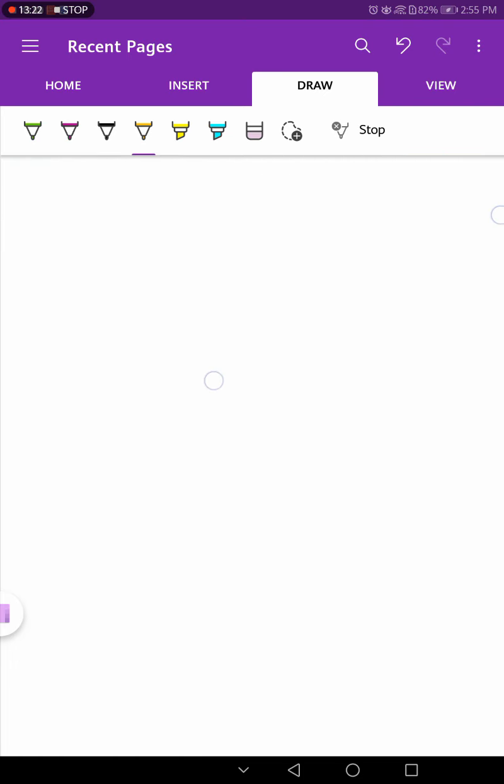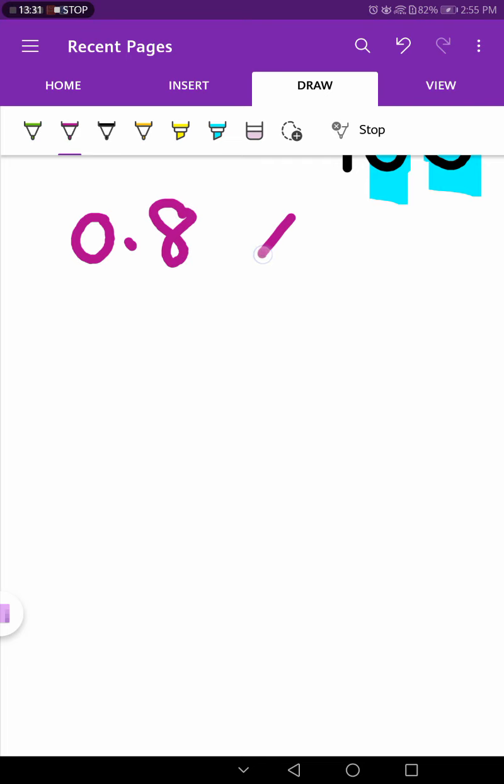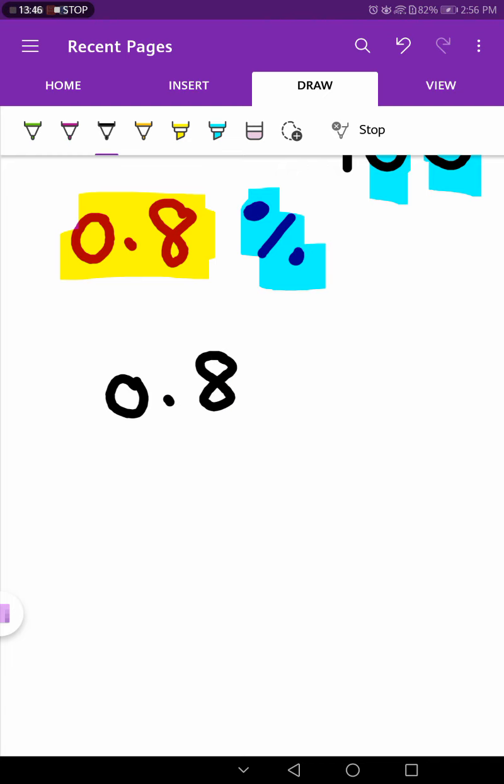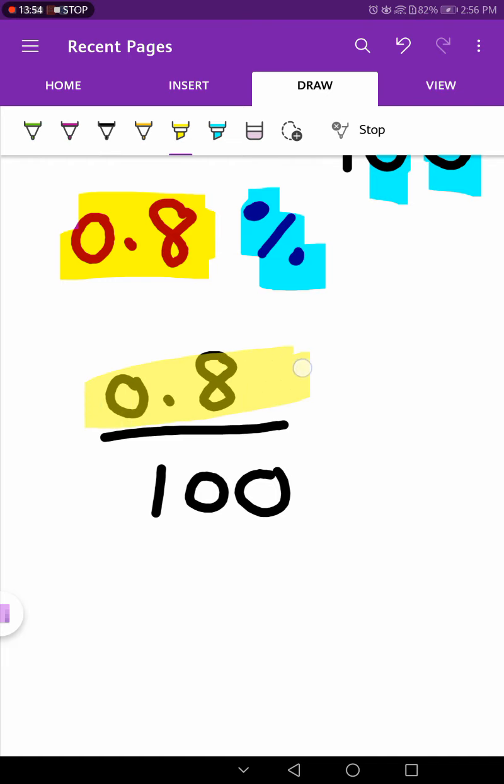Let us take another example. 0.8%. The same rule and the same steps. This number is over 100. Now, does the number up have a decimal? Yes, good.